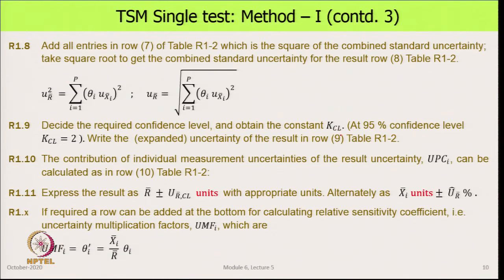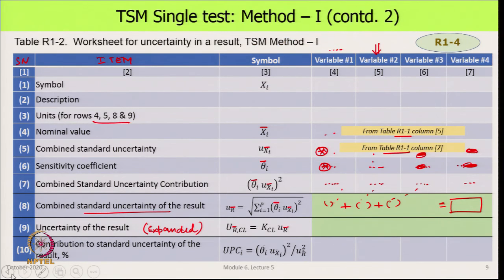We have to decide what is the confidence level at which we want our result, K CL, noting that at 95% confidence level K CL is equal to 2, and we calculate the expanded uncertainty by multiplying that. So, we have the relation there K CL, which is from our confidence level, multiplied by U r bar, and you just get one number here, which is the expanded uncertainty of the result. That is what we were looking for.